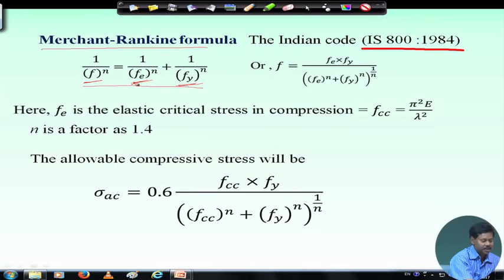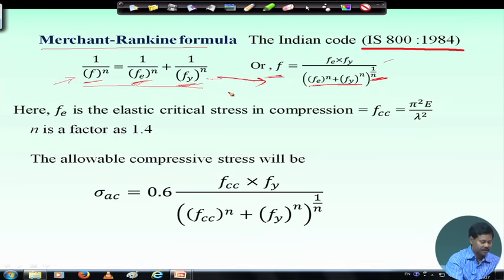So, considering two stresses, elastic stress and yield stress, the equivalent stress f can be related by this formula, that is 1 by f to the power n is equal to 1 by f_e to the power n plus 1 by f_y to the power n. So, from this we can write f as f_e into f_y divided by f_e to the power n plus f_y to the power n, whole to the power 1 by n. If we derive from this formula, we will get finally this one.